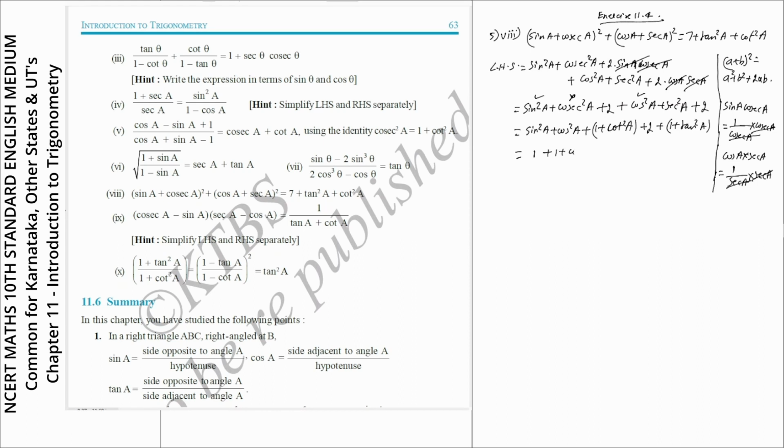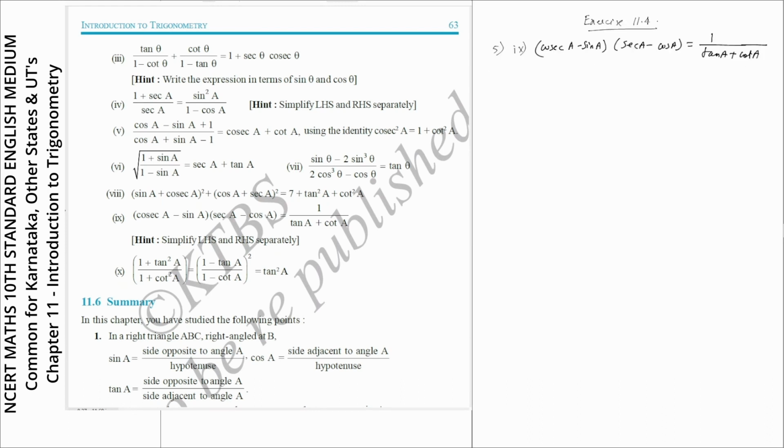Plus 1 plus cot square a plus 2 plus 1 plus tan square a, plus, so one more 2 is remaining here, plus 2. Now 1 plus 1 plus 2 plus 1 plus 2 is 2, 4, 5, 6, 7. 7 plus cot square a plus tan square a I'll get. So this is nothing but equal to the right hand side.